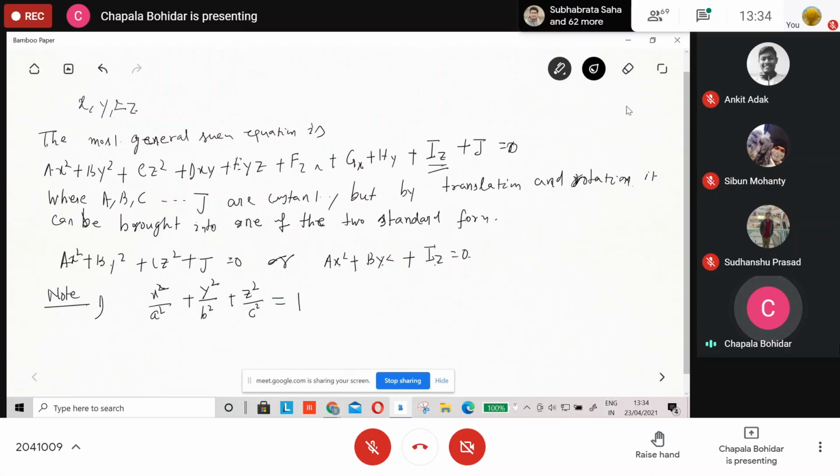It is a quadratic equation having the variables x, y, z. So what type of surface is it? What type of figure? If I am saying that x square by a square plus y square by b square is equal to 1, what type of figure is it? It is an ellipse. So in 3 dimensions, with z square by c square, we'll say that it is an ellipsoid.